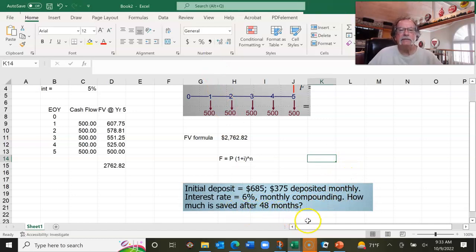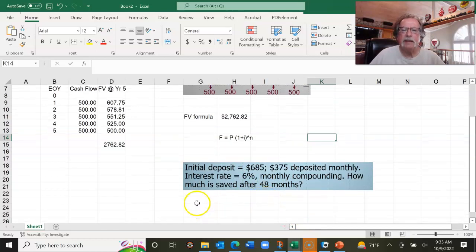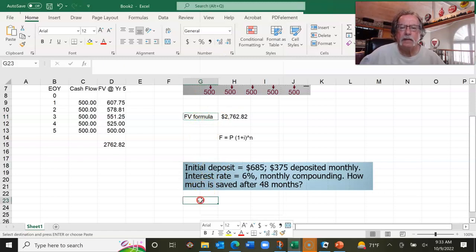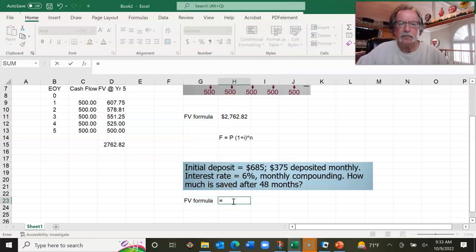And we're going to make an initial deposit. Now I want to show you, because this is not intuitive, so we need to be really careful about this. So let's use the future value formula. Okay. We know our interest rate is 6%.